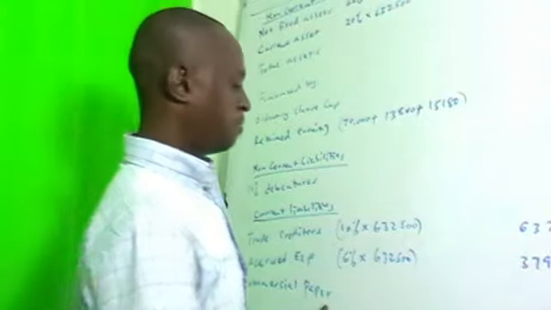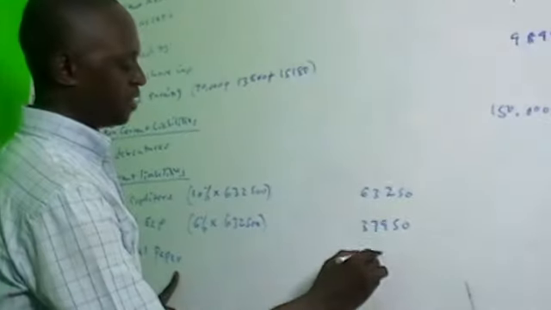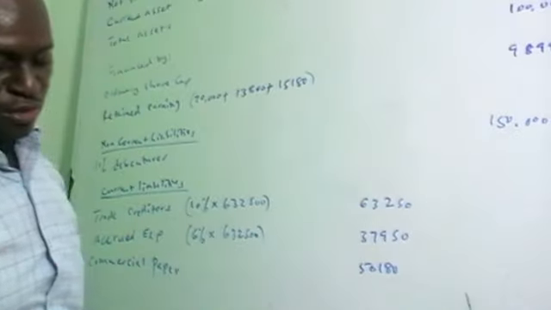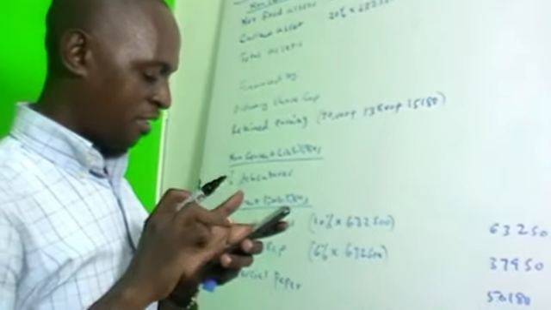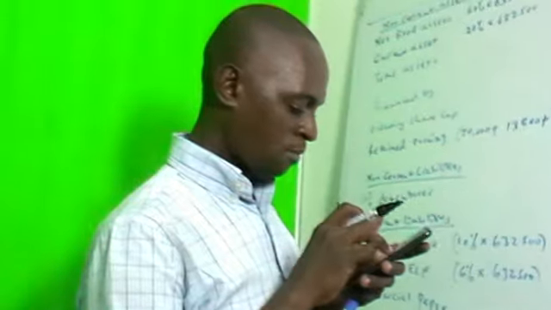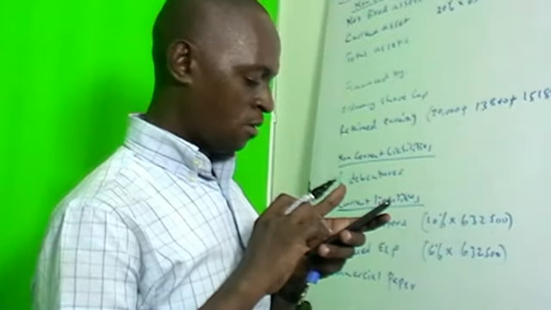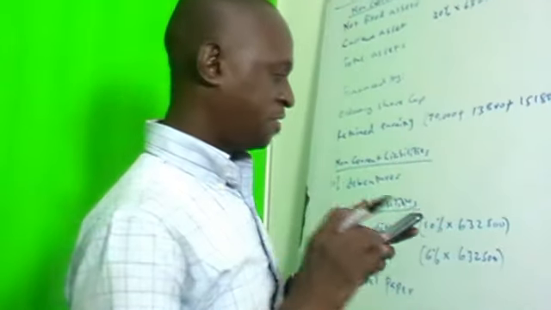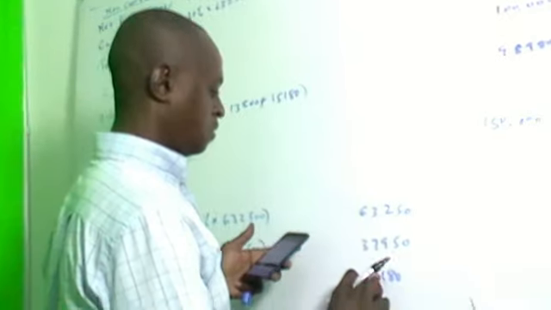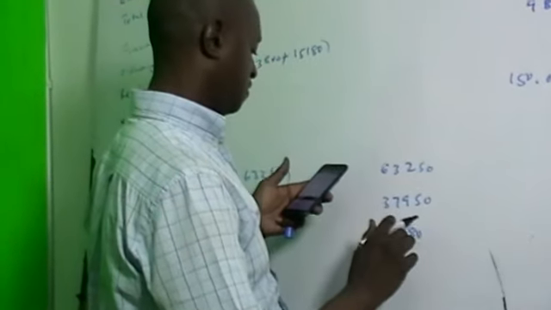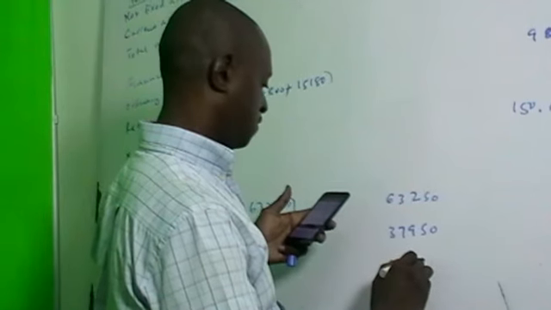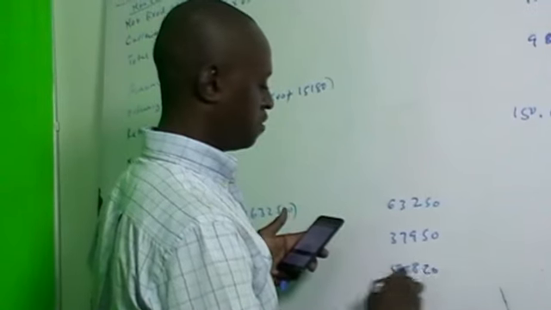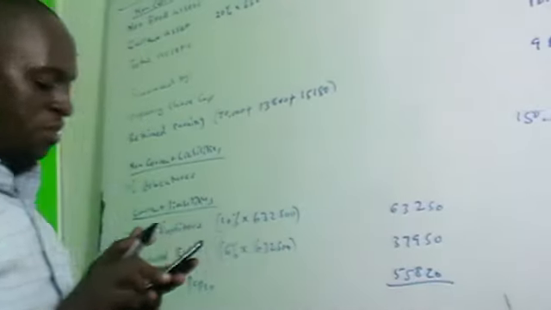So commercial paper, we got the figure 50. Is it 5180? Can you check? Was it 5180? So commercial paper was 55,820.